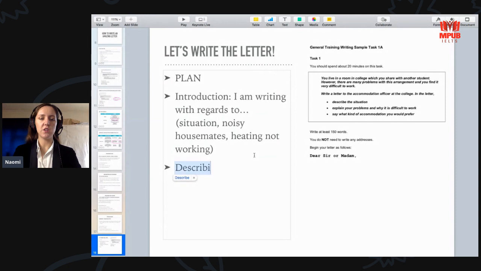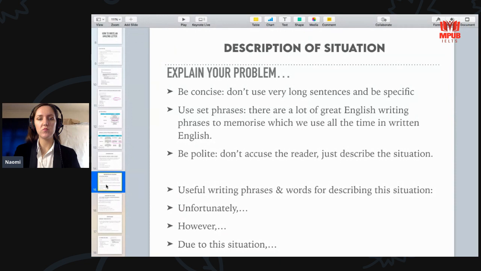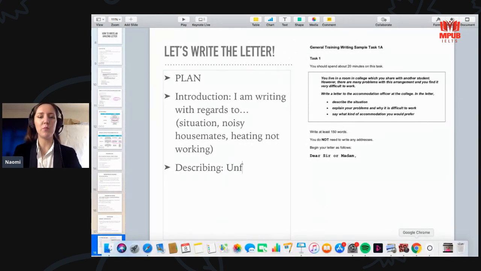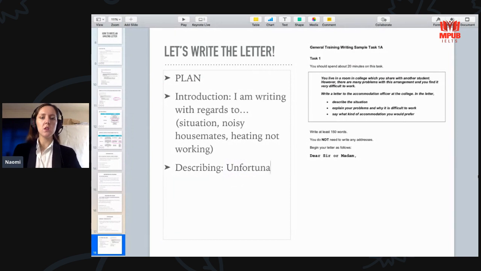Describing the situation. Describing. So what phrase could I open with here? I'm going to start with unfortunately, because this is definitely a problem, isn't it? So I want to use a really polite way of introducing this problem.